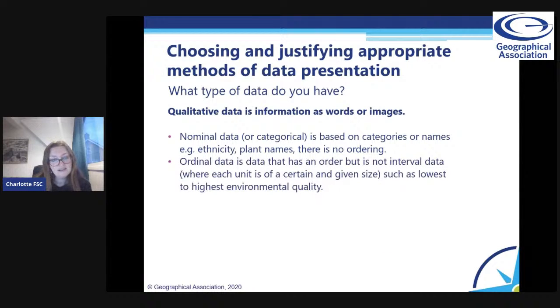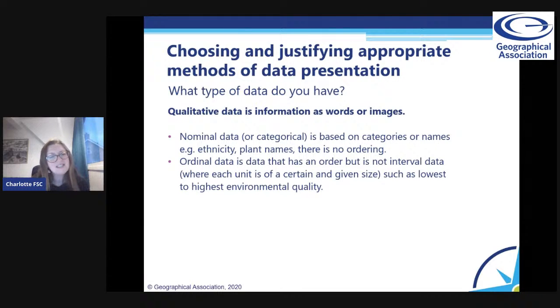Ordinal data is another type of qualitative data, and this is data that has an order to it, but it's not interval data. Now, I've used lots of words there. So interval data is where each unit is of a certain and given size, whereas ordinal data just has an order, so it's easy to tell lowest to highest. For example, if you're judging environmental quality on a scale from 1 to 5, where 1 is bad and 5 is good, it has an obvious order, 1, 2, 3, 4, 5.